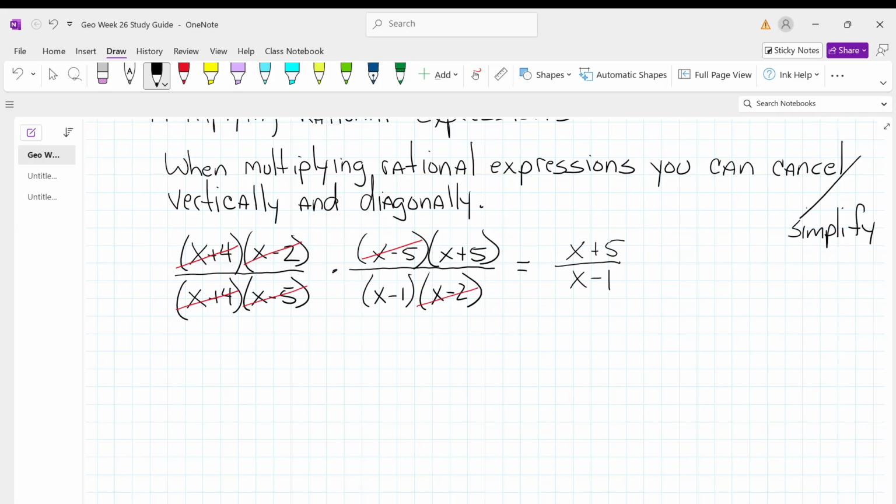Now, another important technique for you to use is when your problem is in factored form like this, okay? Find your zeros at this step.